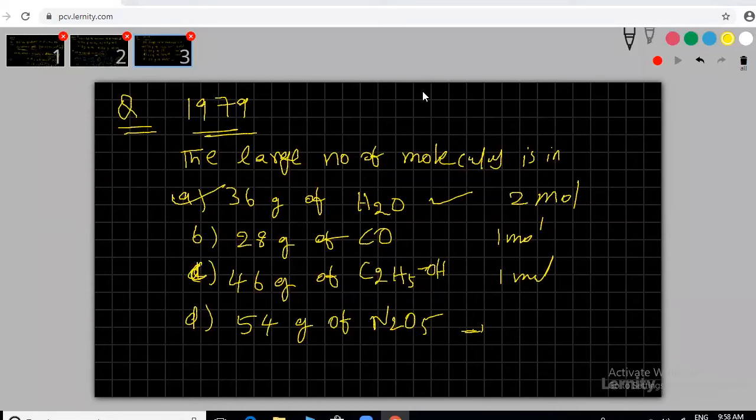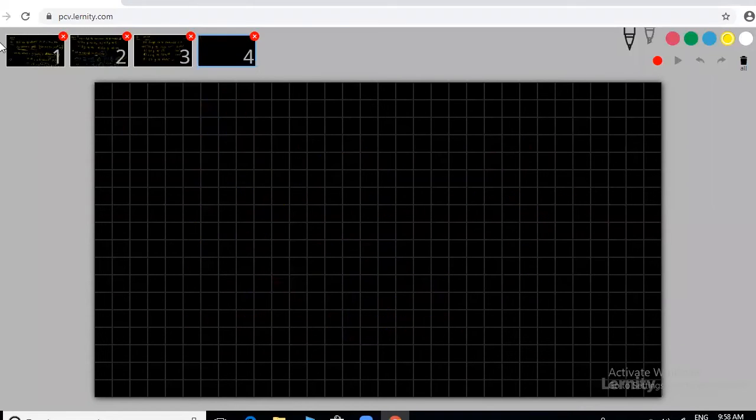Shall we do one more question? This is a 2001 question. You can find the same question in many books, because mostly they give previous questions.